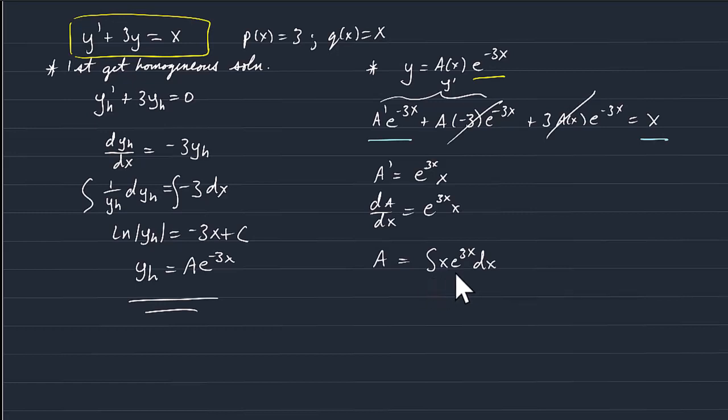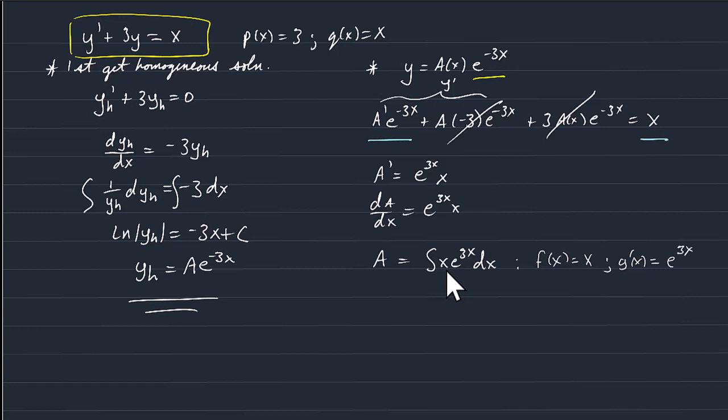Integration by parts works if we can take a derivative of part of the integrand, and if we can integrate another part. So let's try, for example, setting f of x equal to x, and g prime of x equal to e to the 3x.